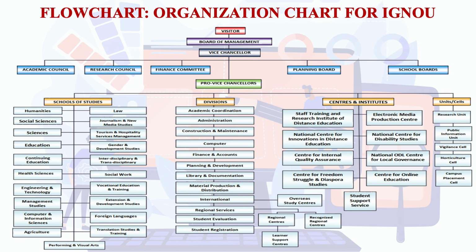Under the board of management, the Vice Chancellor is the topmost person, and all the pro Vice Chancellors report to the Vice Chancellor. These pro Vice Chancellors head the schools and divisions, units, and support service sections. So you can see the architecture of IGNOU.